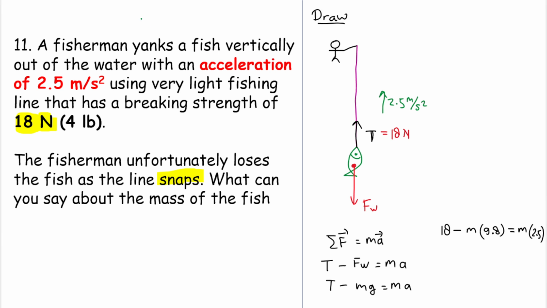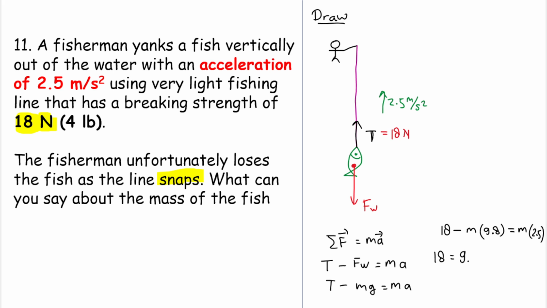Okay, now let's do some math here. So we will have 18 is equal to 9.8 plus 2.5, times the mass. Or maybe if that is too quick, let's just do this step here. So 9.8 multiplied by m is 9.8 m.